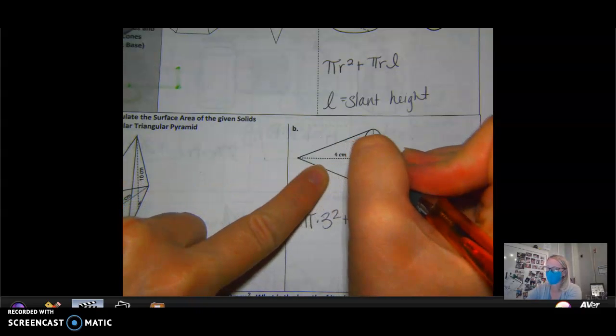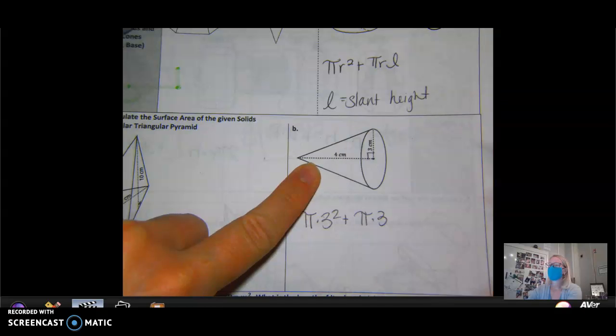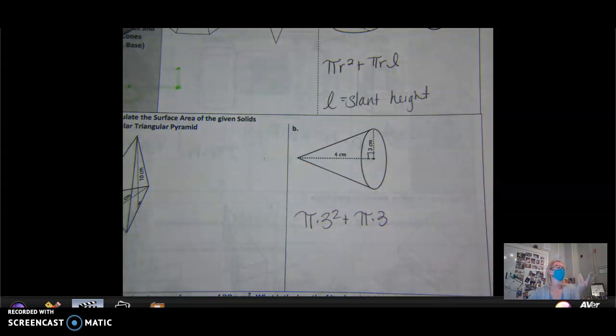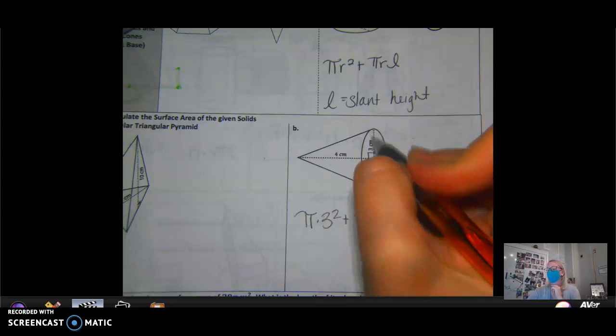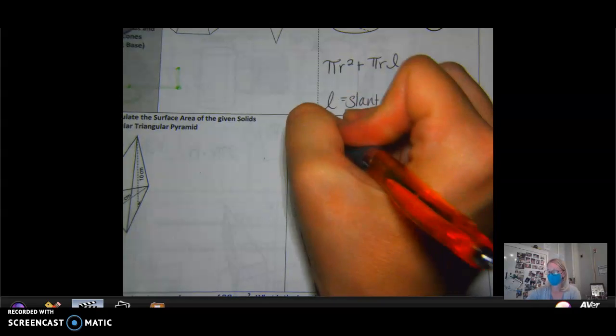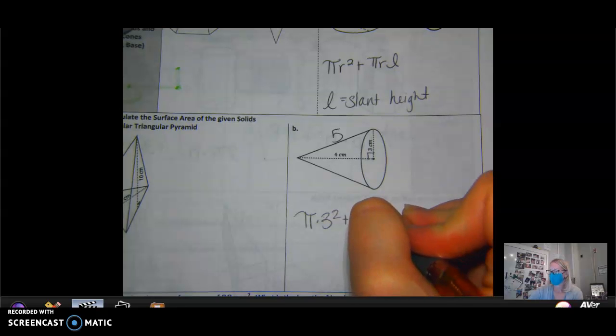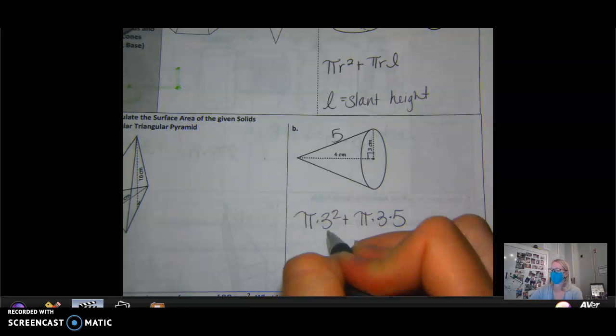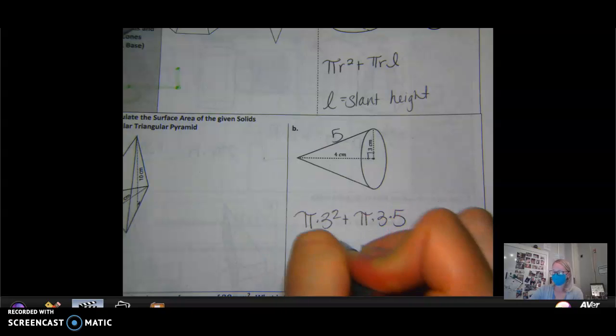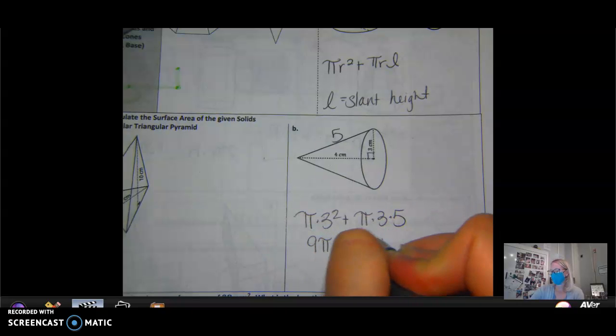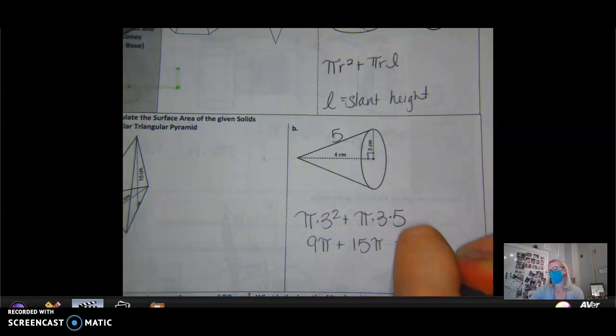But what kind of triangle does this make? So what can I use to find my third side if I know 2? Pythagorean theorem. Or if you know your Pythagorean triples, it's a 3, 4, 5 triangle. So the slant height on this is 5. So that's 9 pi plus 15 pi, which would give me 24 pi.